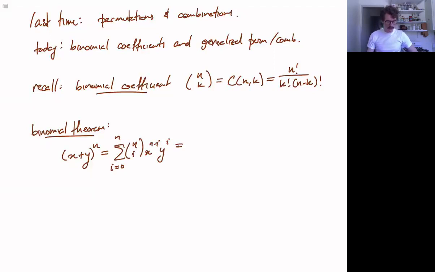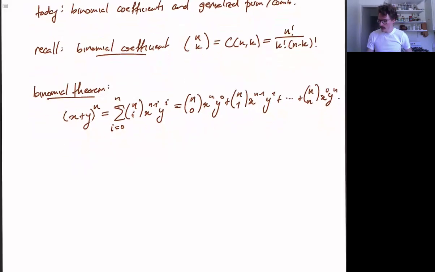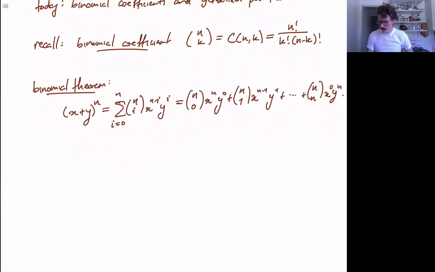Just to write out some of these terms, this is n choose 0 times x to the n, y to the 0, plus n choose 1 times x to the n minus 1, y to the 1, up to n choose n, x to the 0, y to the n. So let's prove this.